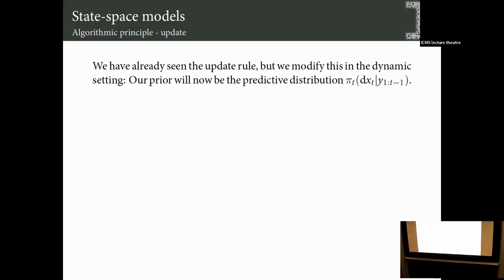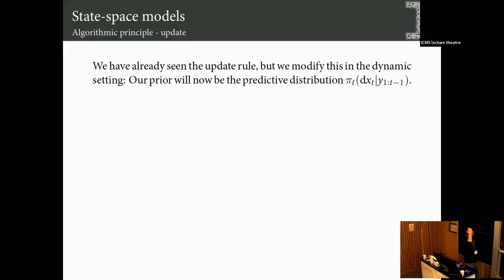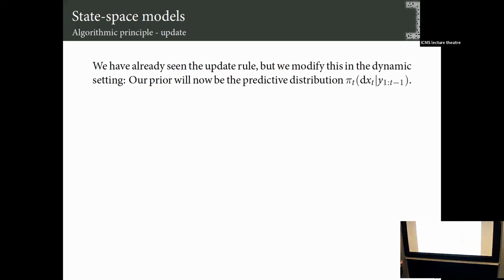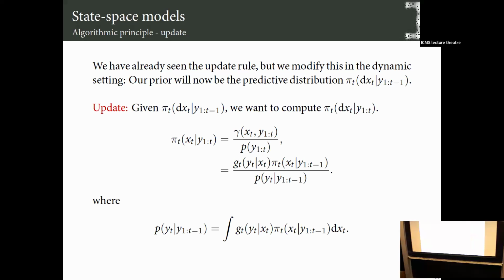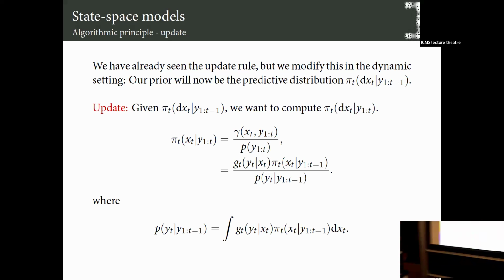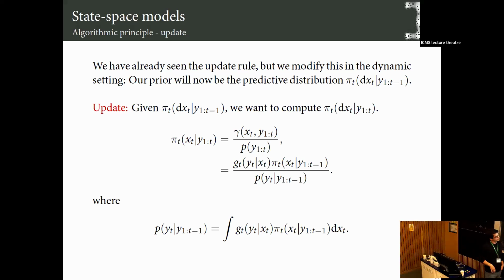We have already seen the update rule. If the prior was a Gaussian and the likelihood was a Gaussian, we know that the update is available to us. Now our prior will be the predictive measure instead of the previous posterior, and the update will be the same. This is what you would call the filtering recursions. Usually when people say filtering recursions, they mean this prediction and update in terms of distributions.